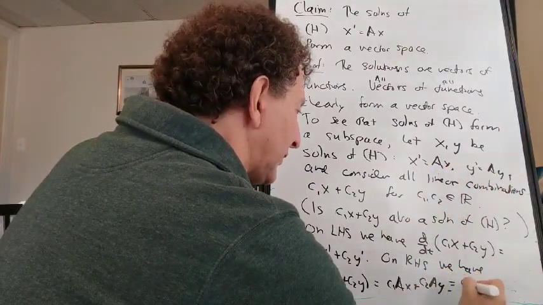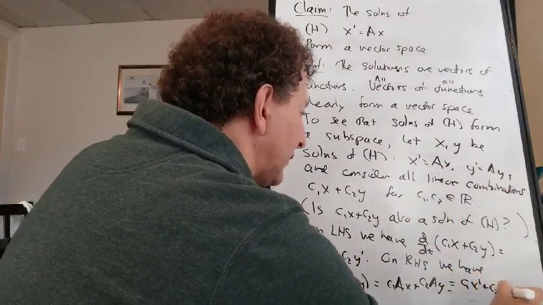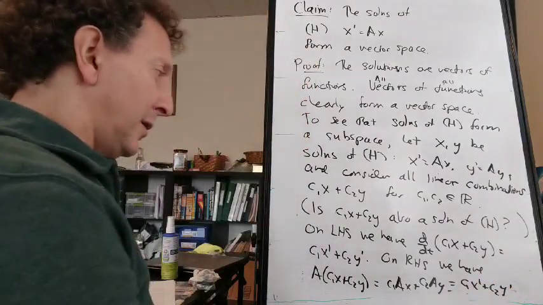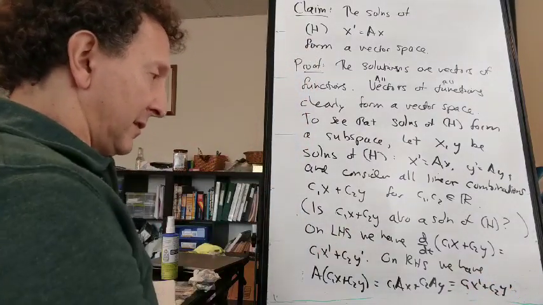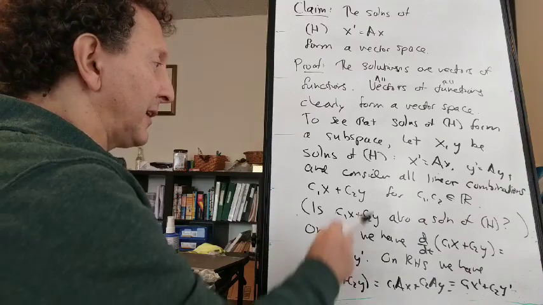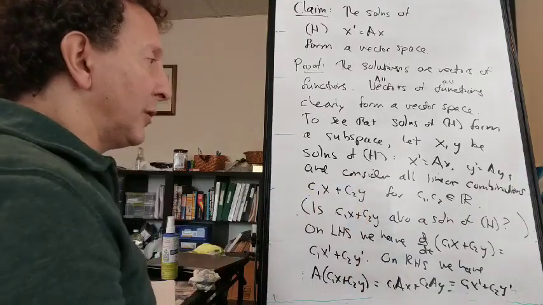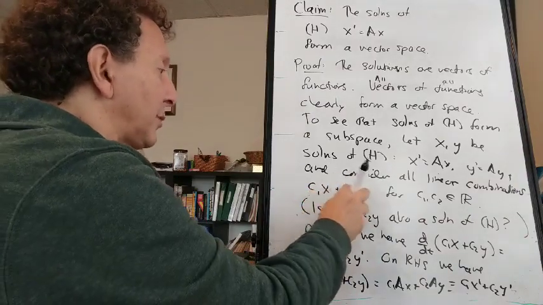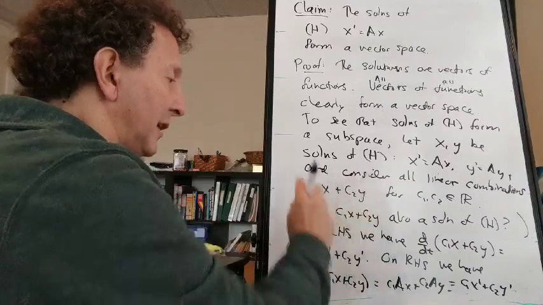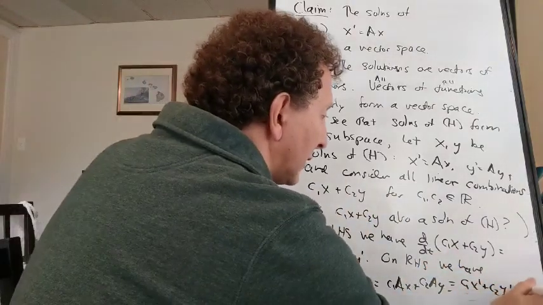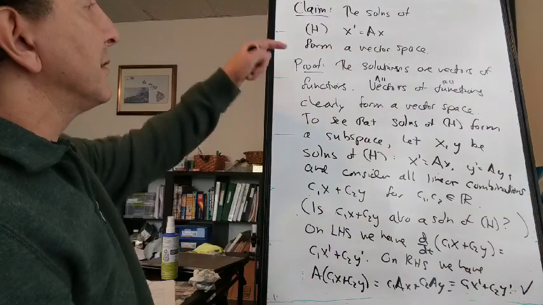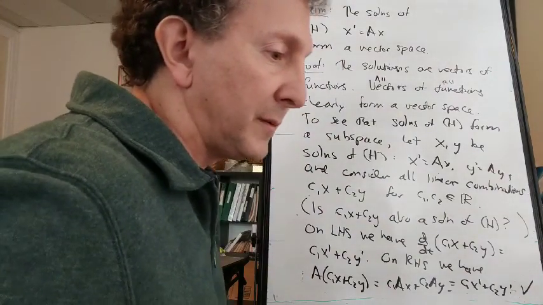So that equals c1 x prime plus c2 y prime, which is exactly what we had on the left-hand side. So yes, if x and y are solutions and c1 and c2 are real numbers, then c1 x plus c2 y is also a solution. So yes, these do form a vector space.